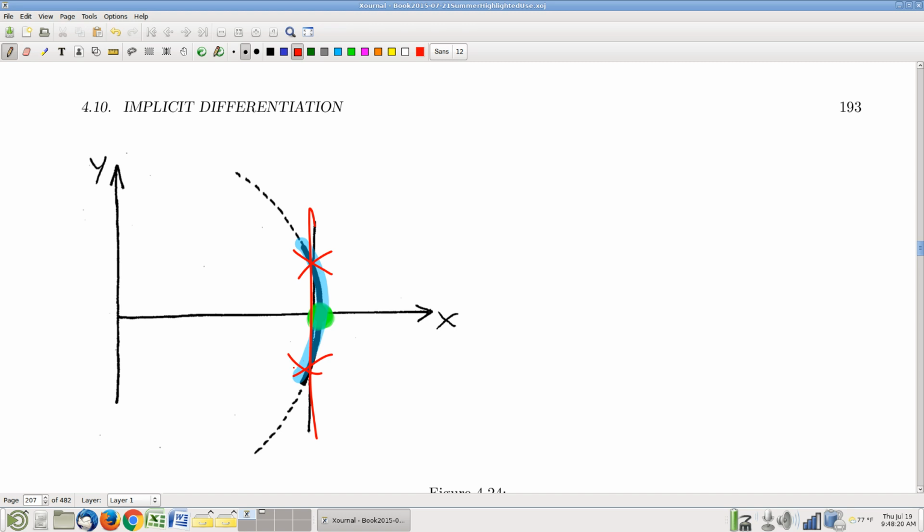So if you're charged with the task of, here's some equation, here's some point, let's say it's this one, and you don't know anything about the shapes of circles, find the slope of the tangent line at that point.